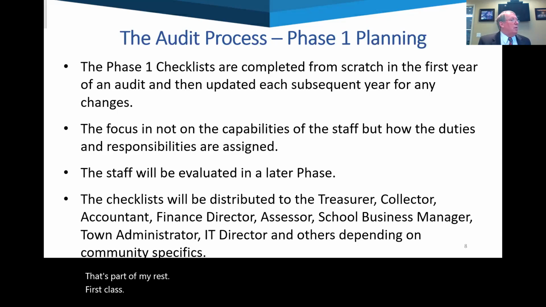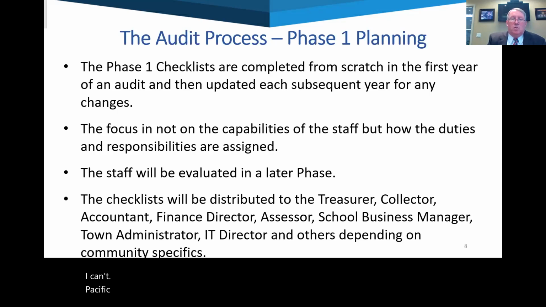And these checklists will normally be distributed to the treasurer, the collector, accountant, finance director, assessor, school business manager, town administrator, if we need, depending on the role they play. Sometimes the town administrator at a place may be the purchasing director also, so they may have a role to play, and the IT director, and others, depending on community specifics. And what I mean by community specifics, not everybody has an electric light department.